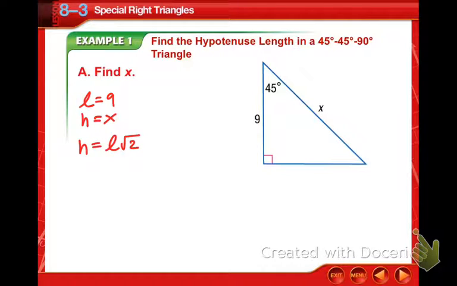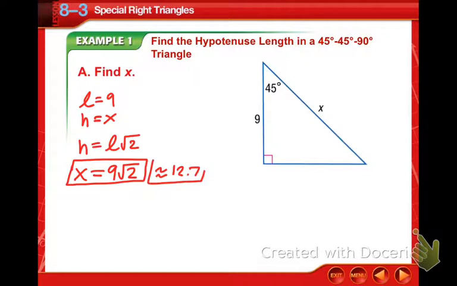So if we plug in L and our H, which is X, then X is equal to 9 square root 2. At this point, that's pretty good. You don't really need to go any further than that. Typically, that's how your answers are going to be in this situation. Now, in the off chance that you actually do want to find the decimal, this is about 12.7. Both of those are the correct answer.